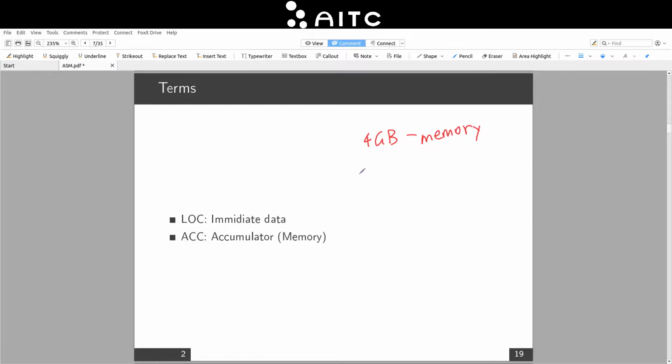And for accumulator, most CPUs have only 8 KB. Sorry. In China, it means the 内存 or 缓存. Accumulator in Chinese means 缓存, and memory in Chinese means 内存.